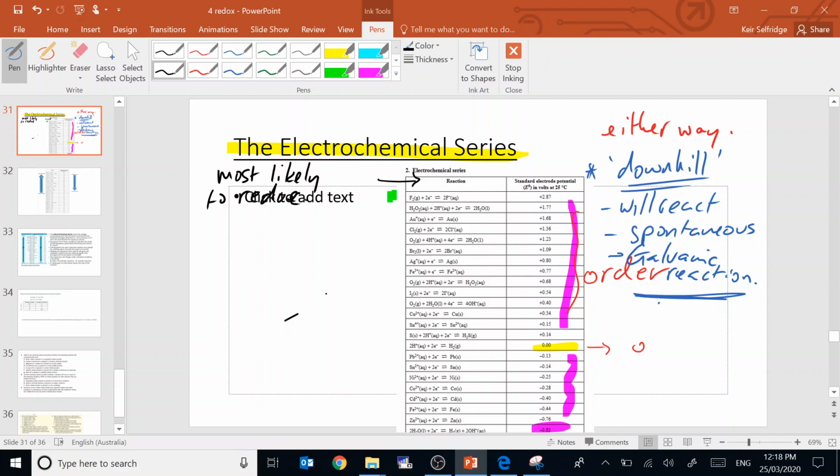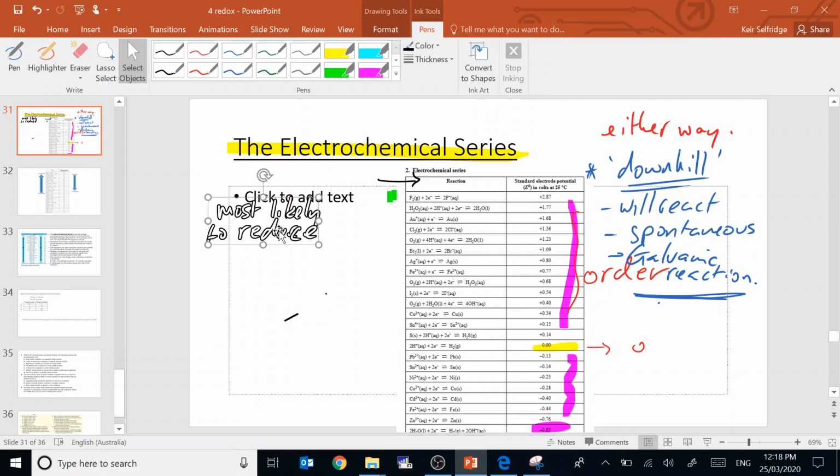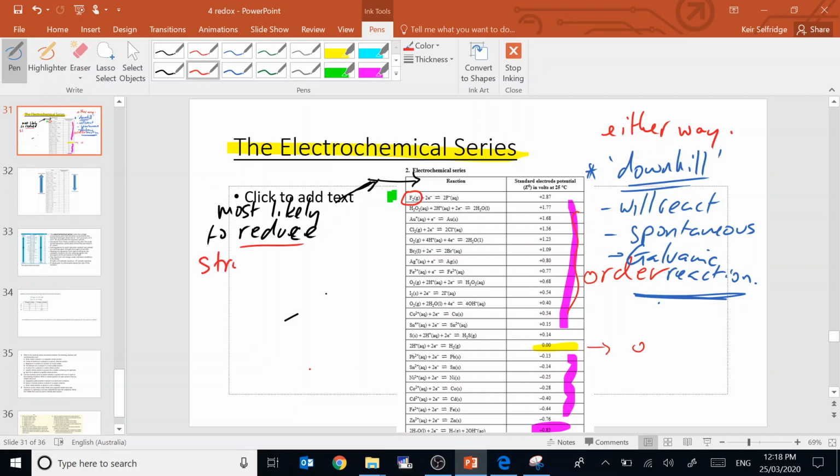It's the most likely to reduce. So that one at the top is the most likely to reduce. If it's the most likely to reduce, it's therefore the strongest oxidant. Remembering, of course, that if it reduces, it's called the oxidant.